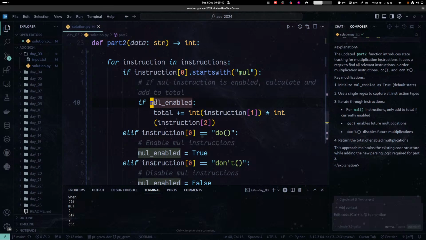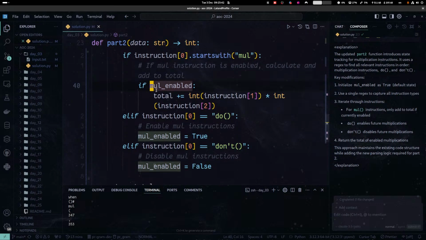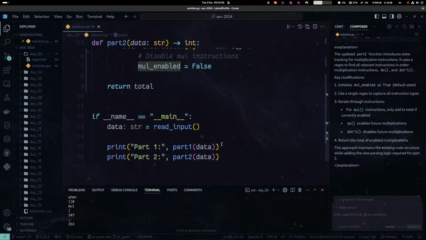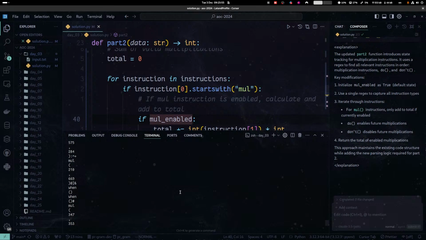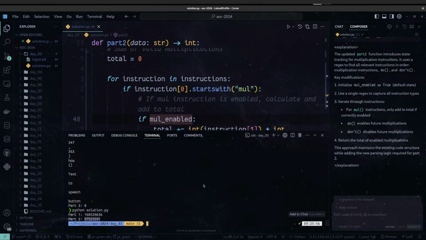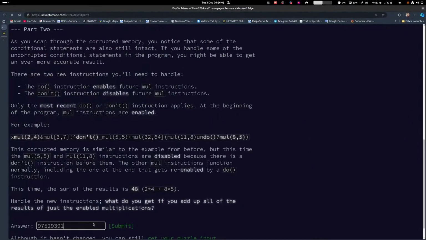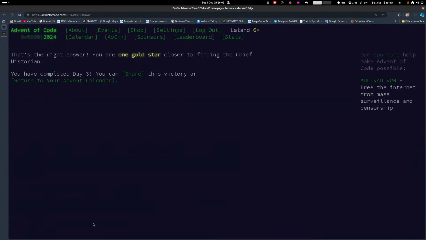If mul instruction is enabled, calculate and add to total. Mul enabled instruction to do, don't. I'm not sure, but probably it could solve it. Let's try it out. Yeah, one gold star, perfect. So, yeah, opposite results.